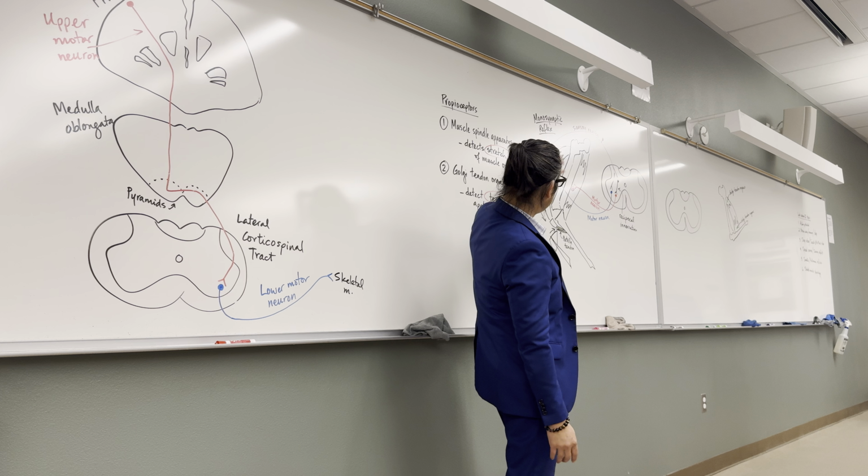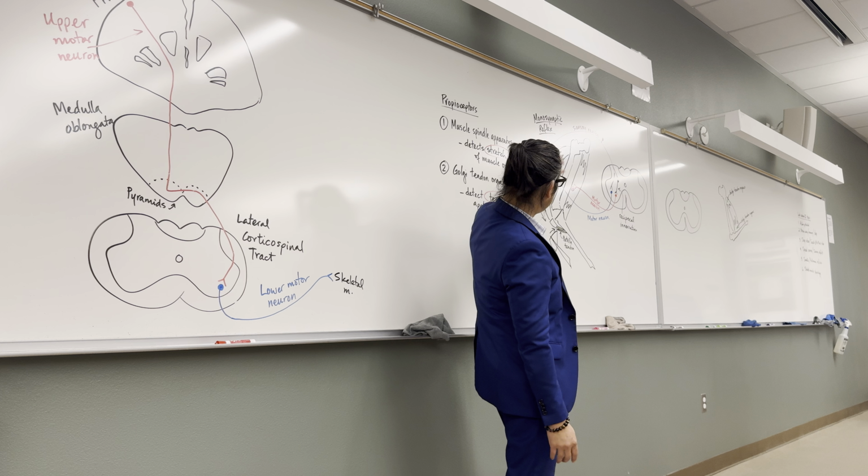The muscle spindle apparatus is responsible for the detection. So it detects stretching of the muscle. Okay? Stretch of muscle. So if the muscle stretches, the muscle spindle apparatus detects that.